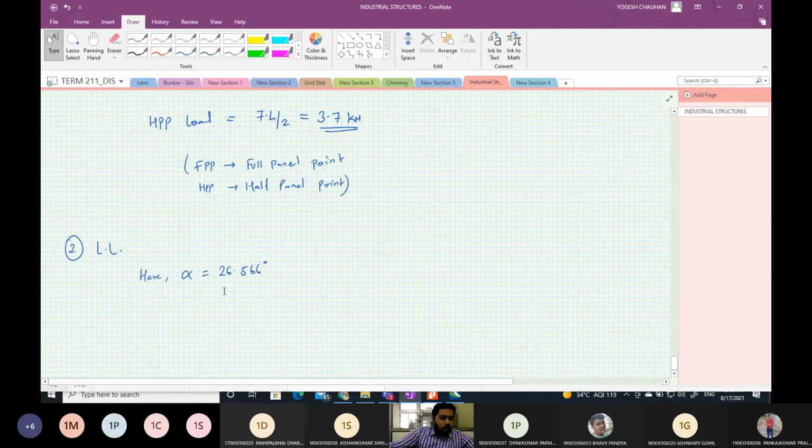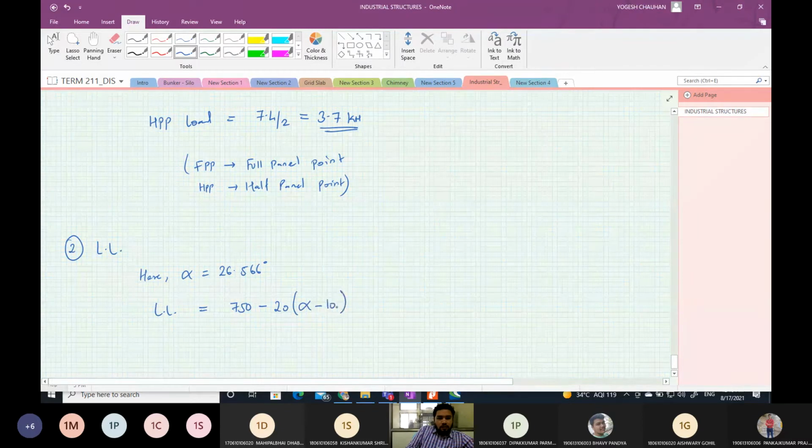So the live load is given by 750 minus 20 into alpha minus 10.